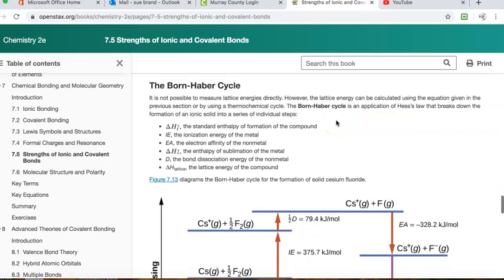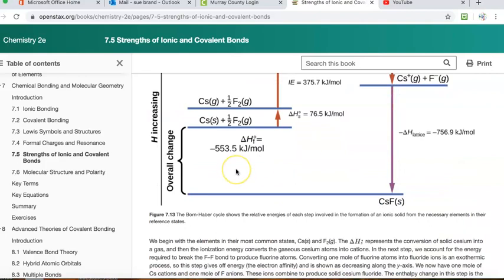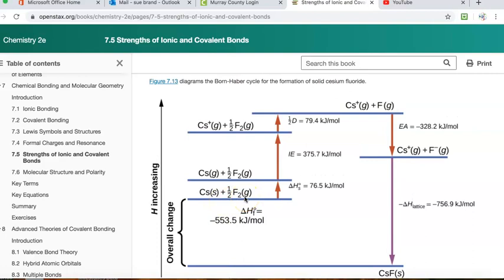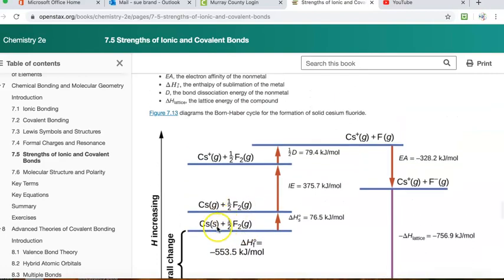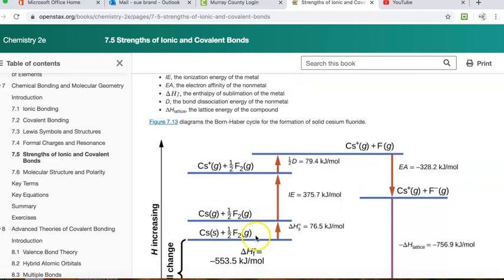Okay, so here we have several different steps. We're starting out with cesium and fluorine. Okay, cesium as a solid, fluorine as a gas, F2. All right, and then we have the enthalpy of sublimation for the metal cesium.